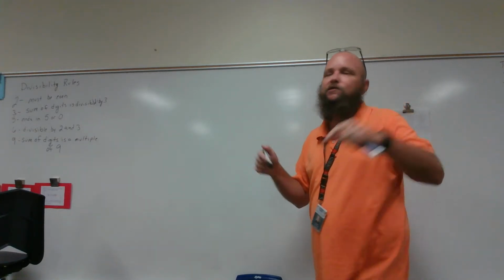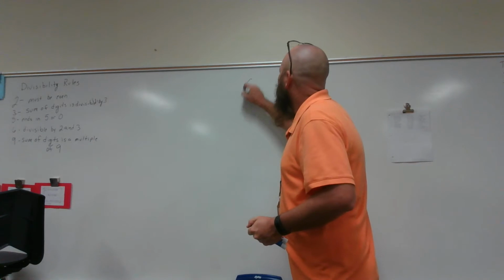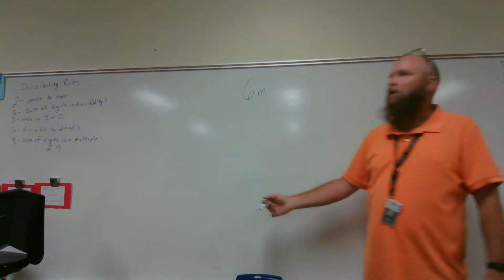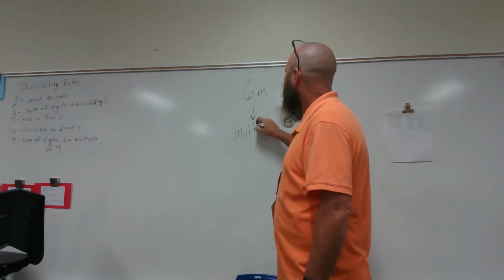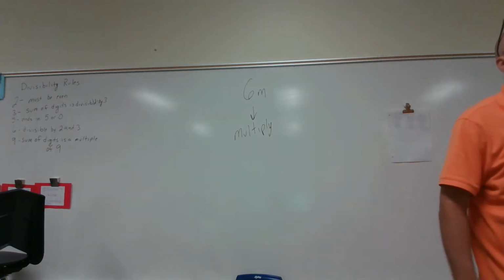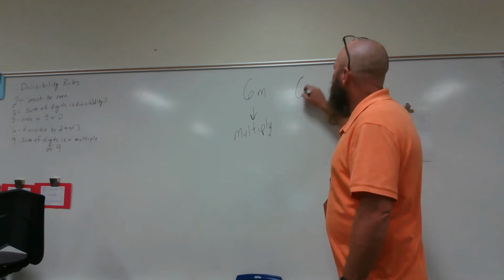Something you need to know also is if a number and a letter are side by side, so if this said 6M, that's multiply. Number and a letter side by side means multiply. A dot means multiply.